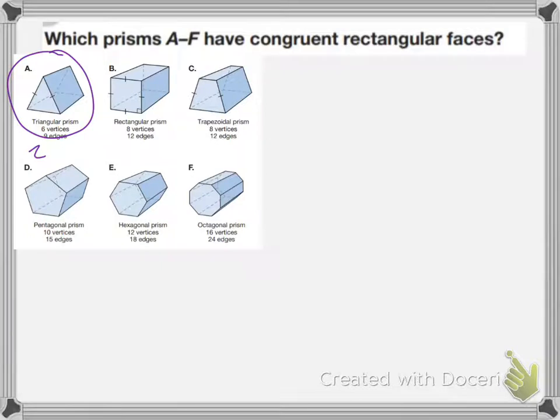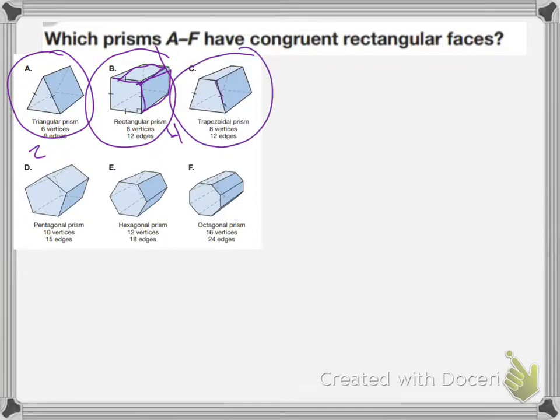Okay? Prism B has four congruent rectangular faces because each of the sides is congruent. Okay. Prism C also has two congruent rectangular faces, and that's going to be here on the left and right sides.